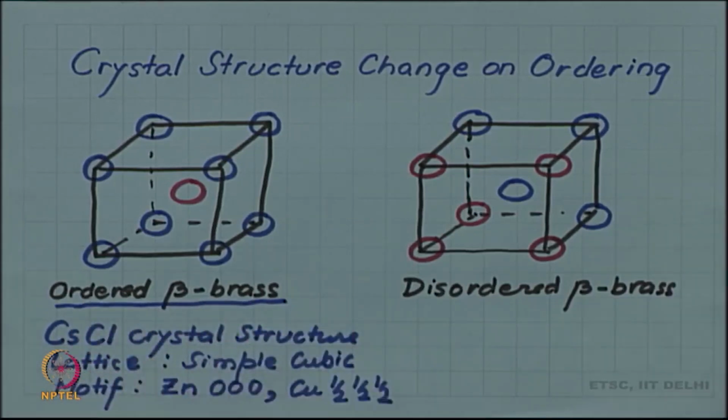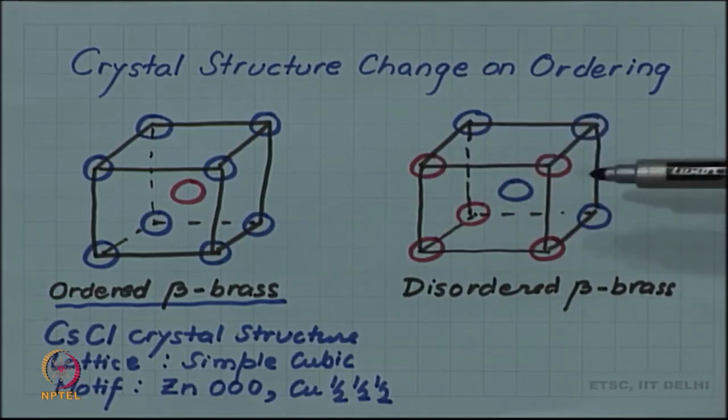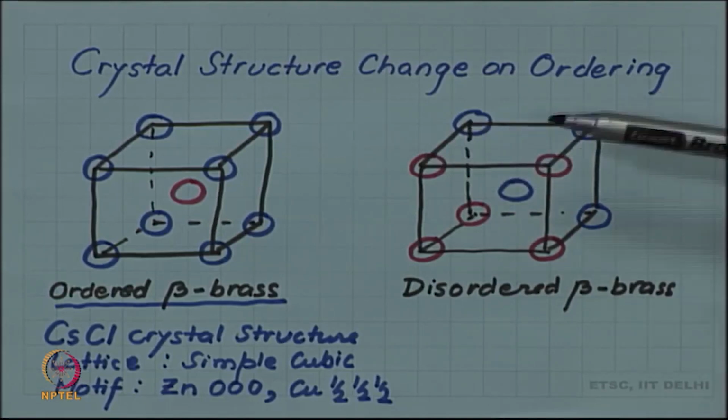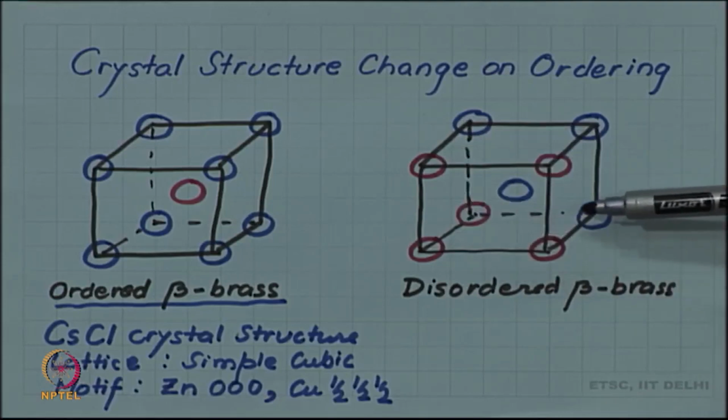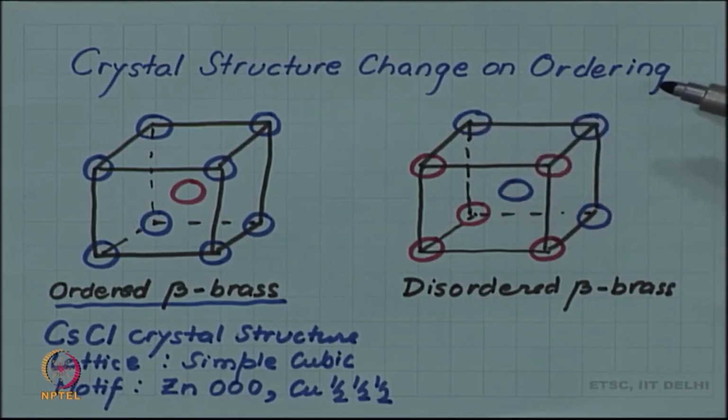If you come to disordered beta brass, this presents an interesting problem. Since the atoms are occurring randomly, one can argue that none of the positions are equivalent and they do not form a lattice, because the periodicity really is lost.